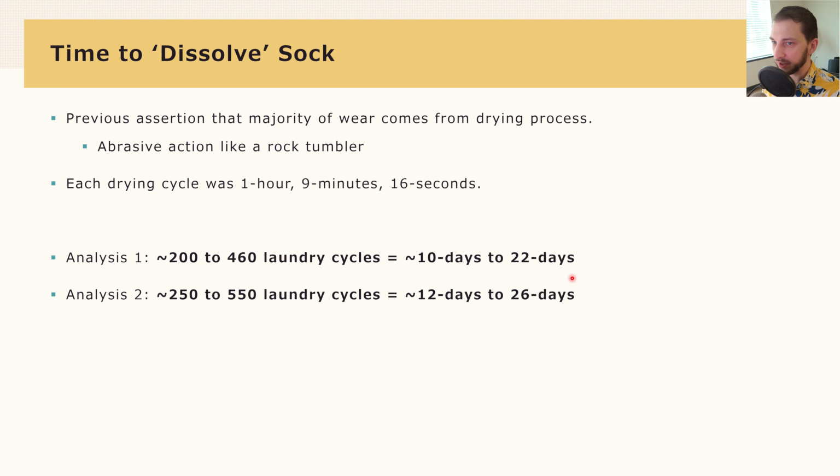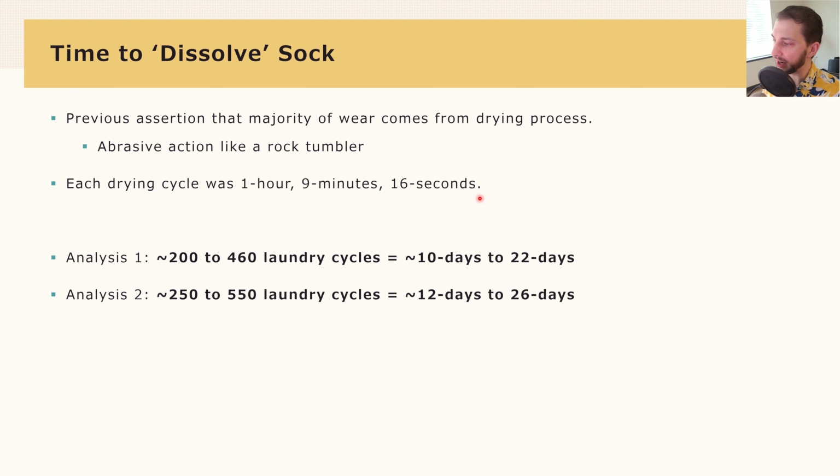In our previous part 1 of our sock weighing, we saw that most of the loss of the sock from laundering came from the drying process, because the sock is tumbling at an elevated heat, so it's kind of like a rock tumbler. It's just abrasion after abrasion continuously. We measured the drying cycle at about an hour, 9 minutes, and 16 seconds, and I made sure that was the exact same for laundry cycle 1 and laundry cycle 2.